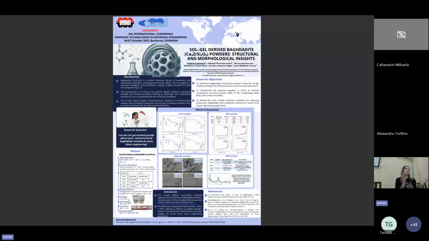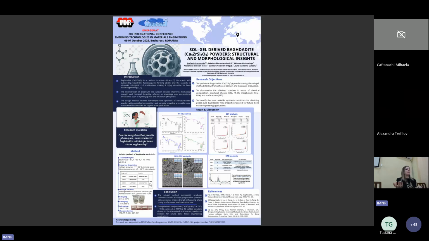the precursor salts that we use have an influence on the structural and morphological characteristics of this compound. And as you can see in this table, I think it's quite small, we did some precursor combinations from calcium and the zirconium salts.